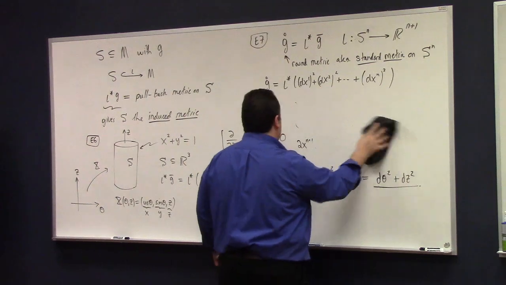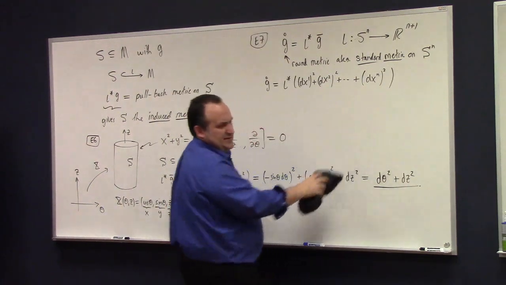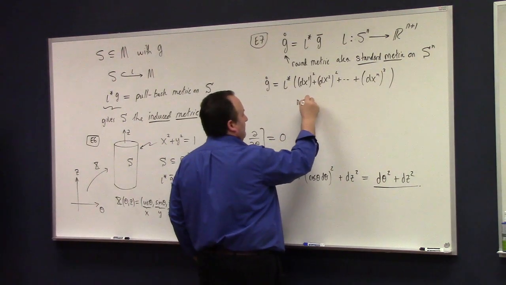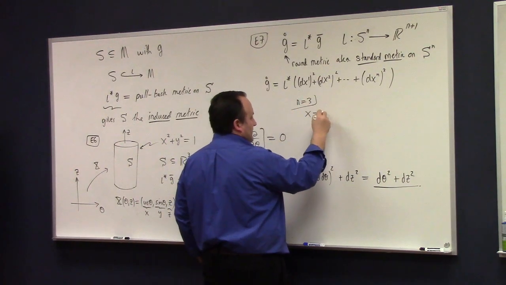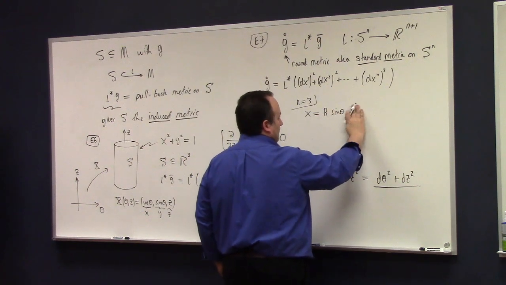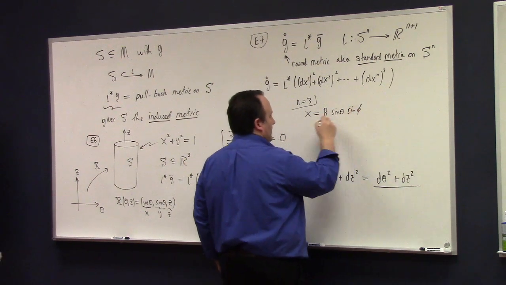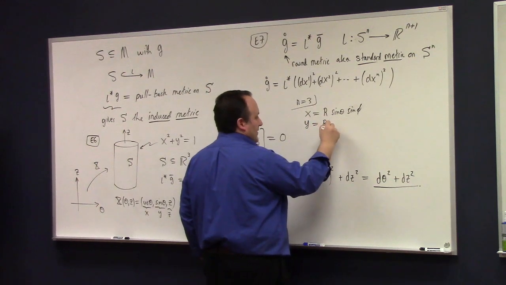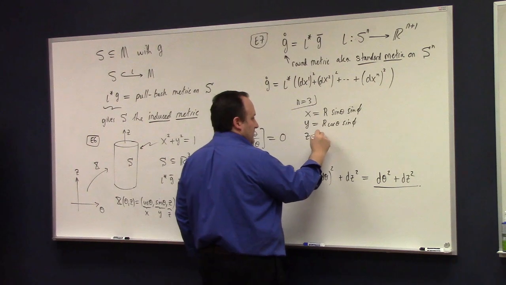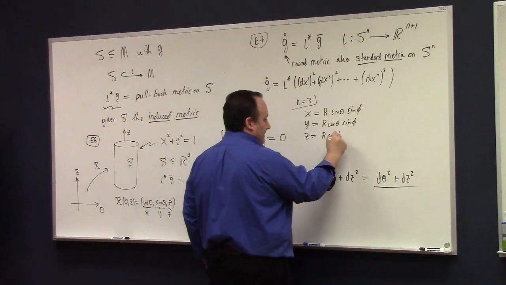So for instance, let's make it easier. n equals 3. You have x equals r sine theta sine phi, y equals r cosine theta sine phi, z equals r cos phi, right?